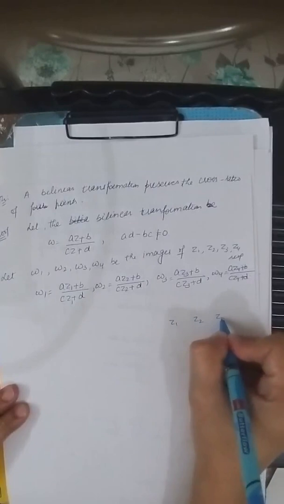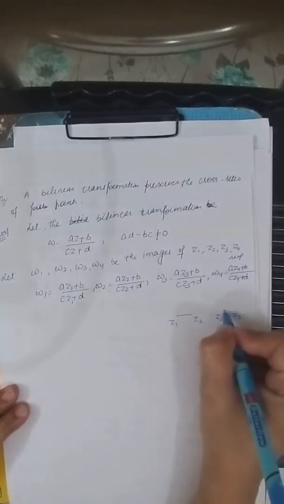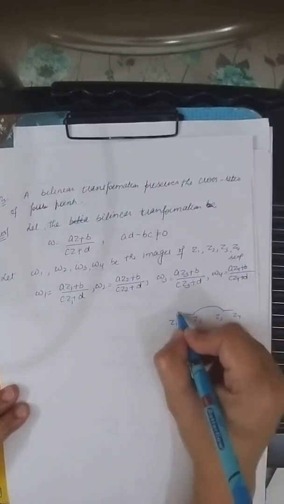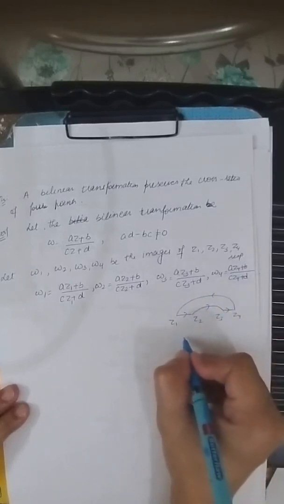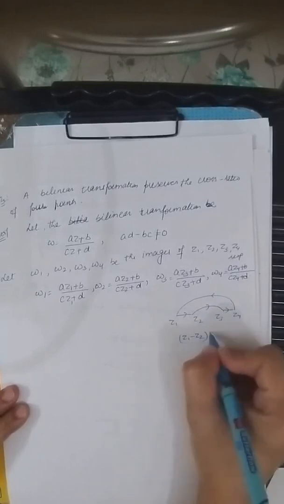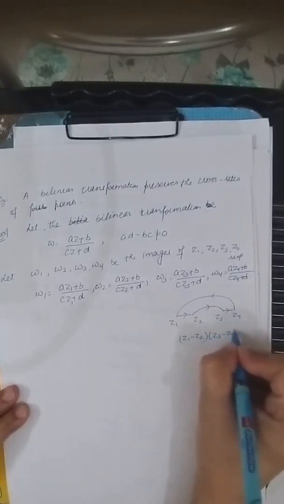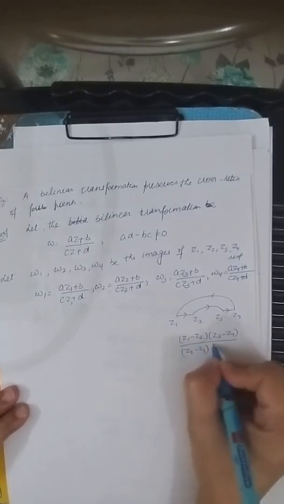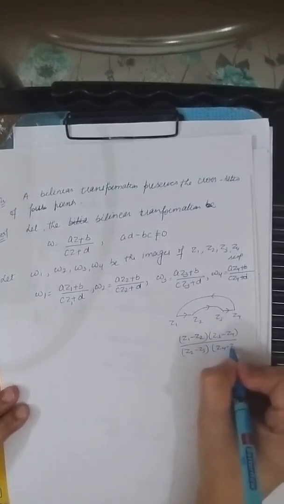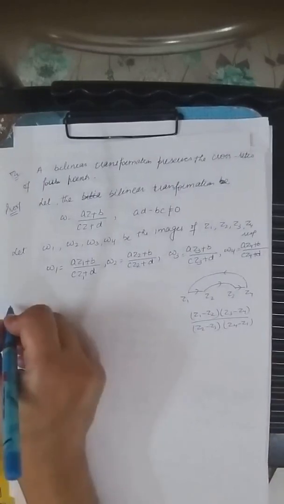Z1, Z2, Z3, Z4 in anti-clockwise direction, it was Z1 minus Z2, Z3 minus Z4 over Z2 minus Z3 into Z4 minus Z1.